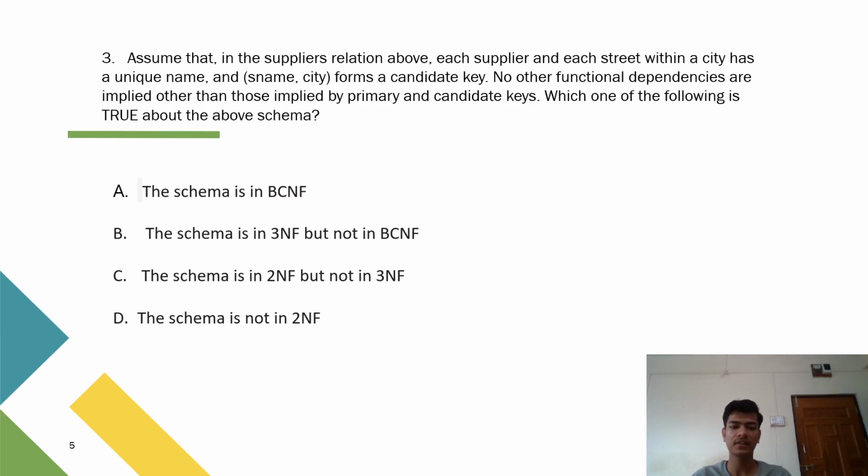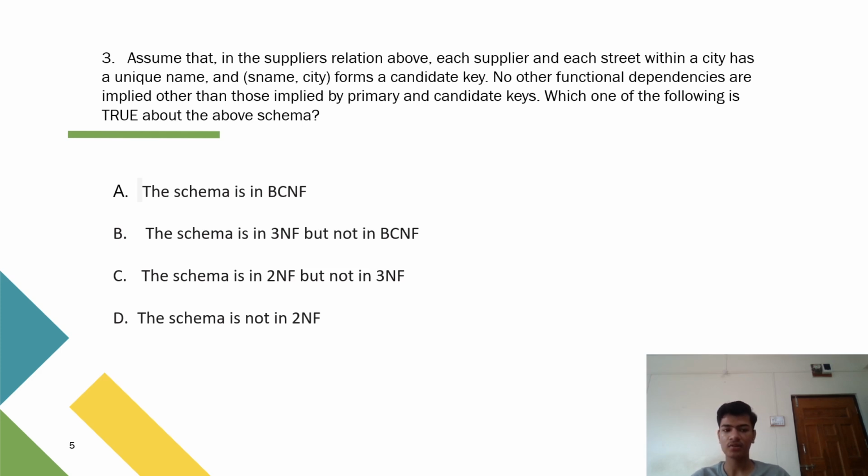Now for the schema to be 3NF but not BCNF, there must be at least one partial dependency, which is done by a non-prime attribute. But since there is no functional dependency between non-prime attributes, option B is incorrect.